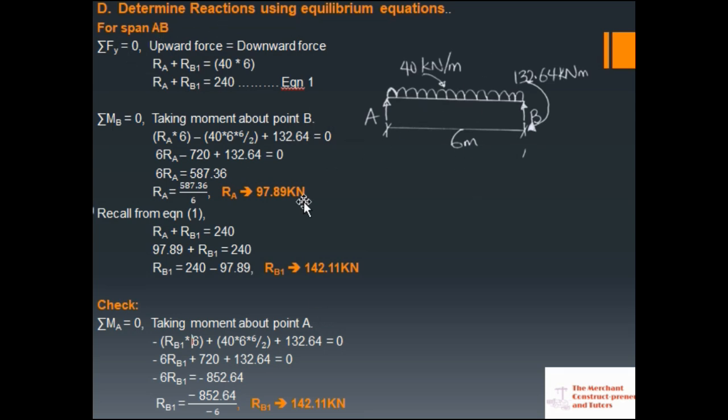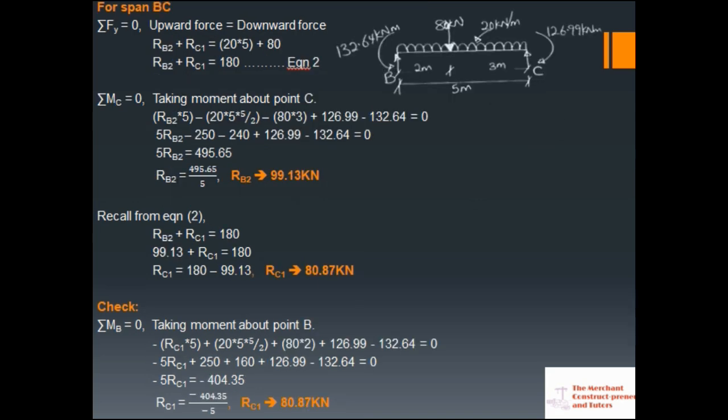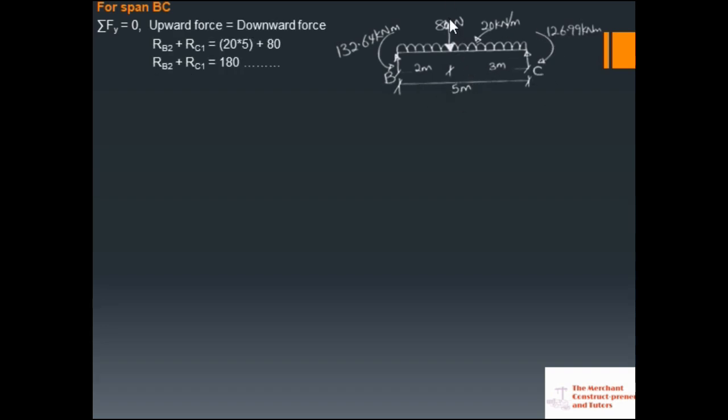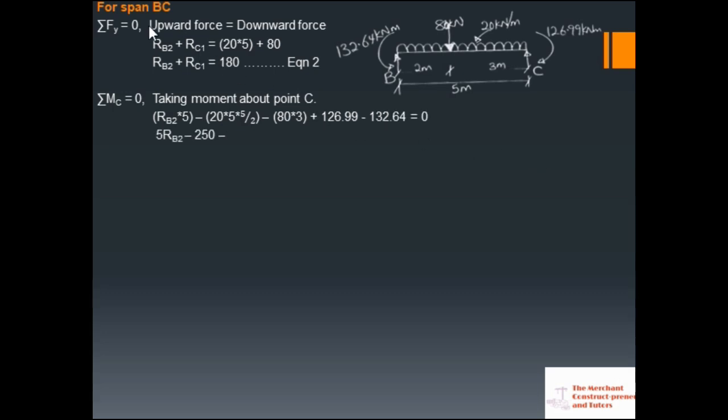So we are going to look at span BC and do the same thing. For span BC, this is the span and these are the forces acting on it. We have the uniform distributed load and a point load, then the moment at point B and also the moment at point C. Summation of vertical forces: upward force equals downward force.